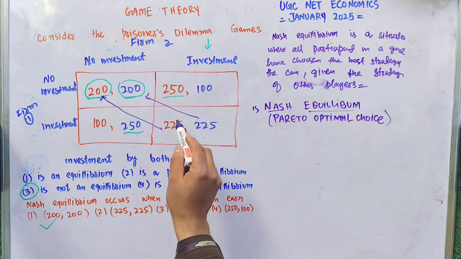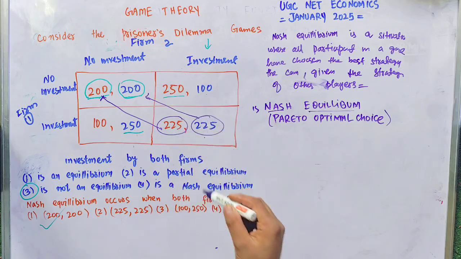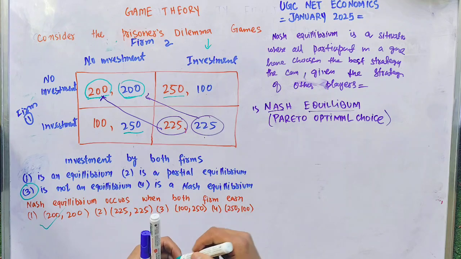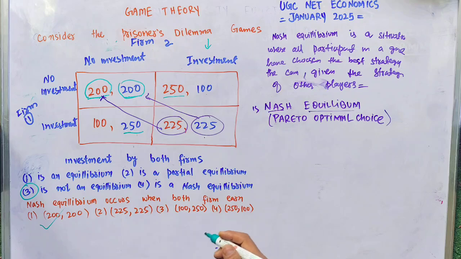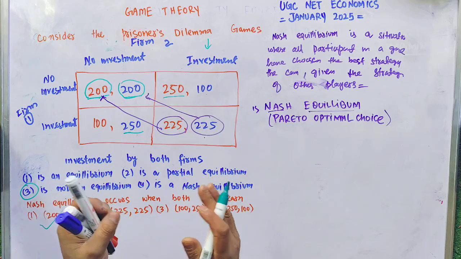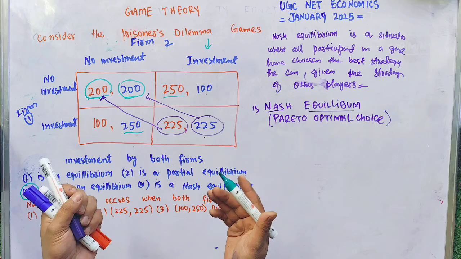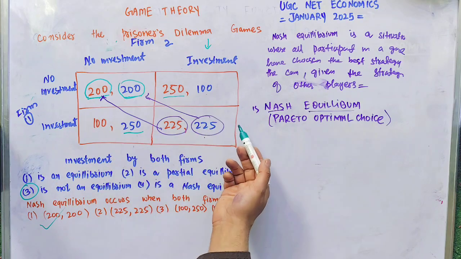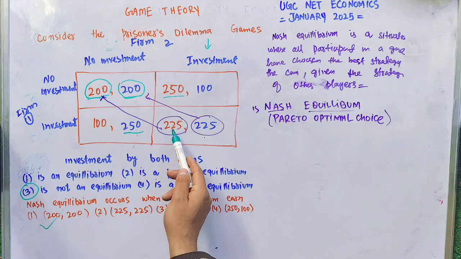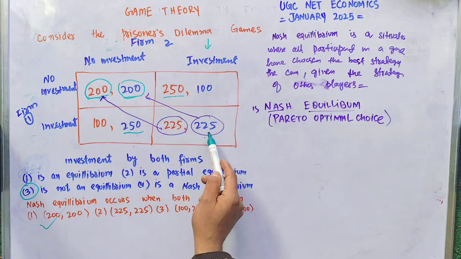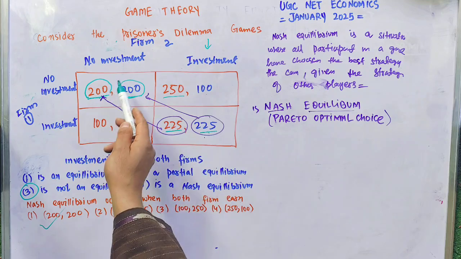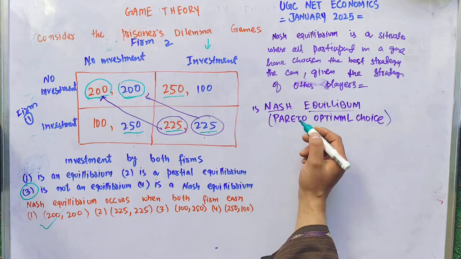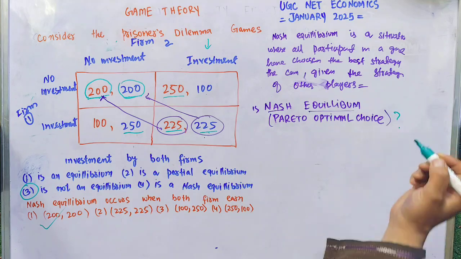So here we can see this 225 is actually a Pareto superior outcome, a Pareto improvement over this Nash equilibrium choice. That means if both firms decide by whatever means, by an agreement, that whatever happens we will both invest, both are better off. Firm 1 is better off, they get 225, and firm 2 is also better off. So that means this Nash equilibrium is not a Pareto optimal choice. Nash equilibrium is not Pareto optimum.